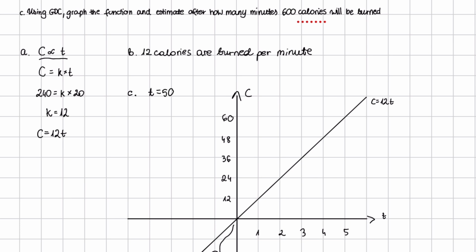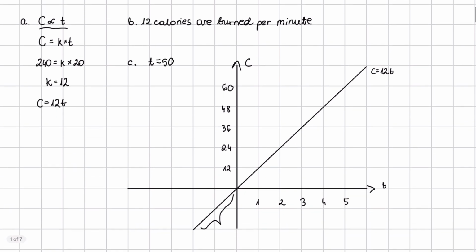You can also see it from our graph because we have 60 calories for 5 minutes. So if we add a 0, we have 600, and in time we add also a 0 because it's directly proportional, so we will have 50 minutes.